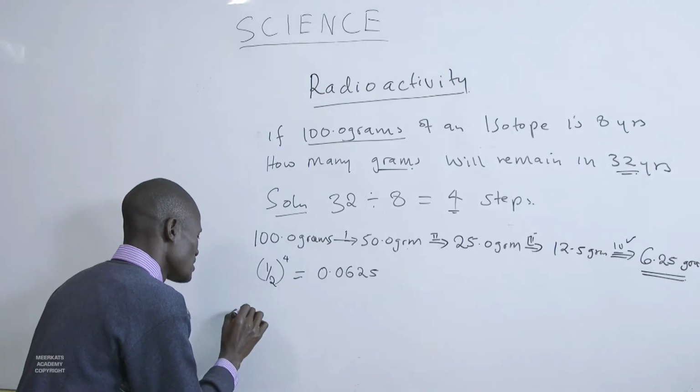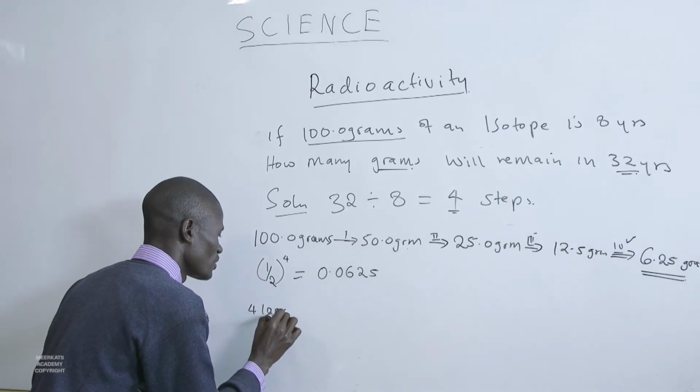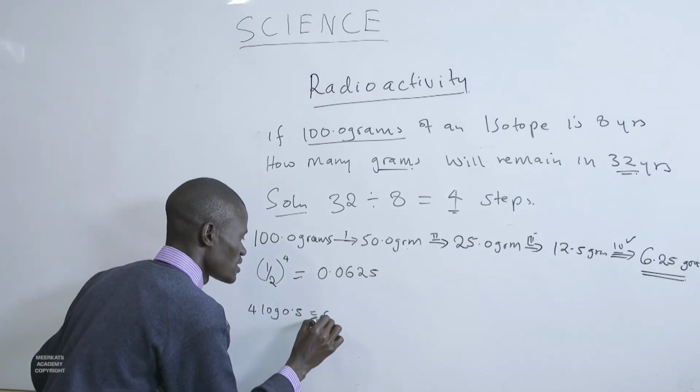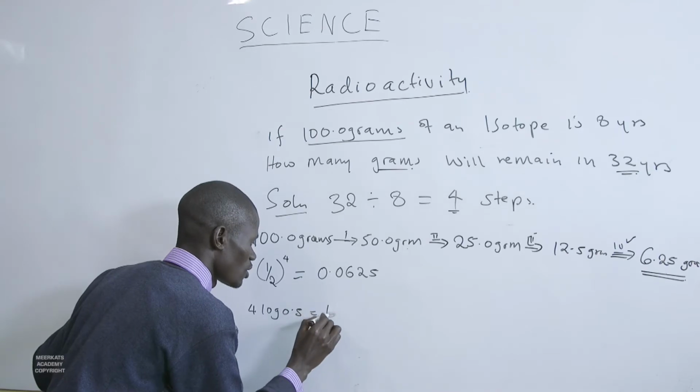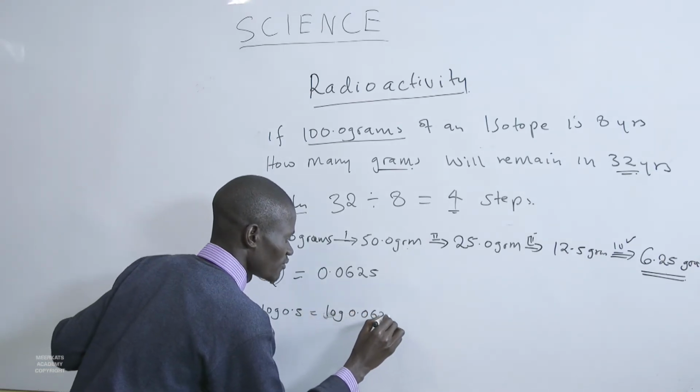And then we get 4 log 0.5 equals log 0.0625.